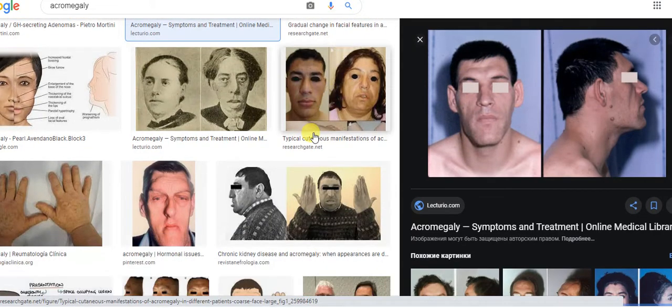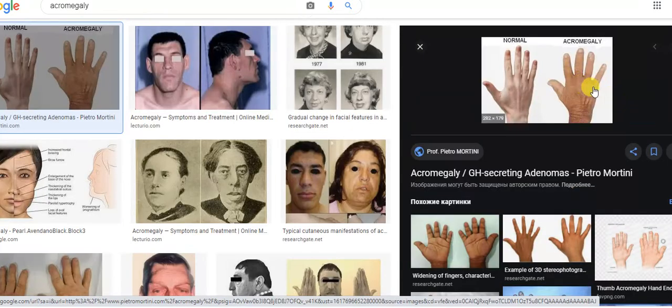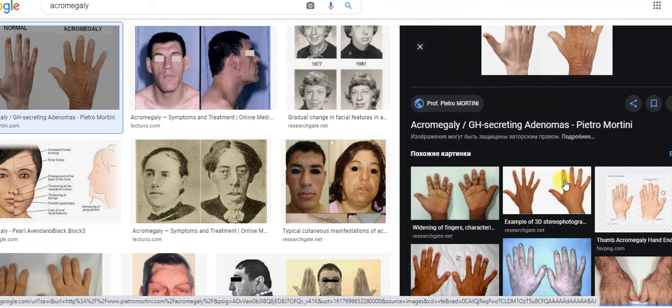In other portions, in the hands, you see very thick fingers. Because of what? Because cartilages are still present there, we still have cartilaginous portions of the joints, and because of them the growth of these fingers goes faster than in a usual person.